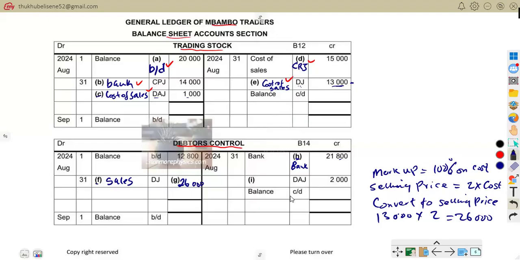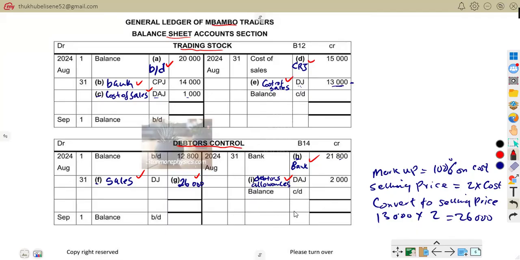I is equal to debtors allowance. So the correct label there is debtors allowances. So these are the answers that we are expected to give.